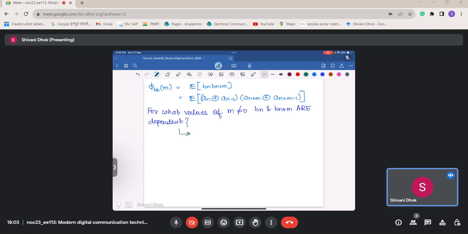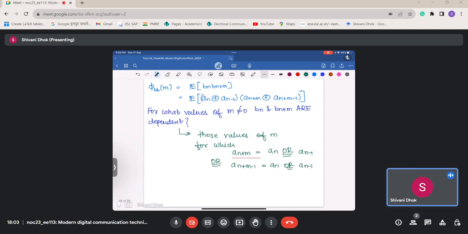This will be dependent for those values of m for which an plus m is equal to an or an minus 1, or an plus m minus 1 is equal to an or an minus 1.